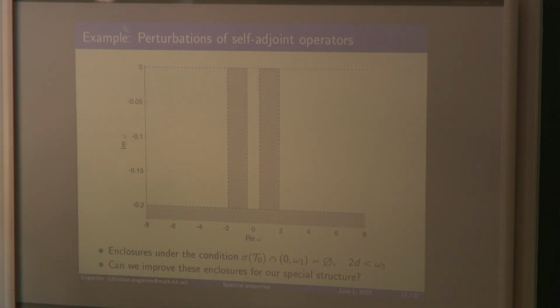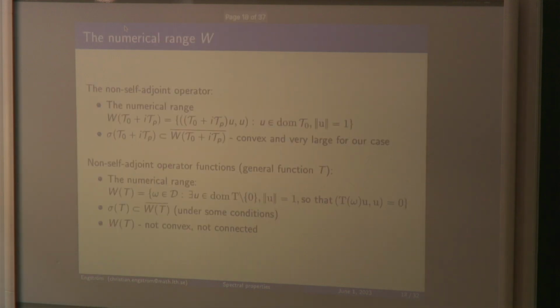for the constants and stuff that I have used in this plot. Okay, so that is what we get from the general theory, but of course we have a very special structure. These theorems are for general self-adjoint problems, so maybe we can do a little bit more since we have a special structure. And yeah, we will actually use the numerical range.